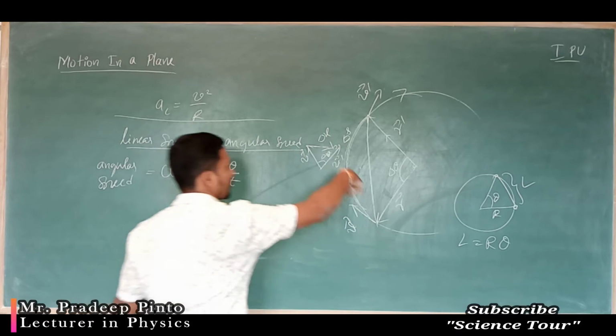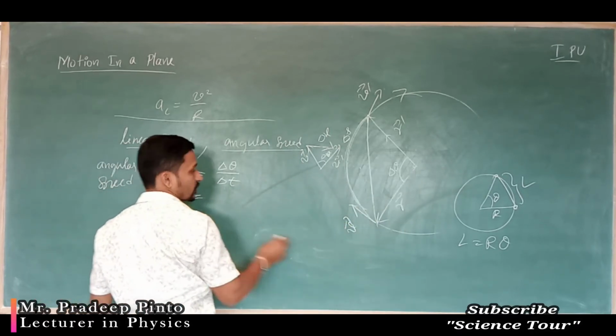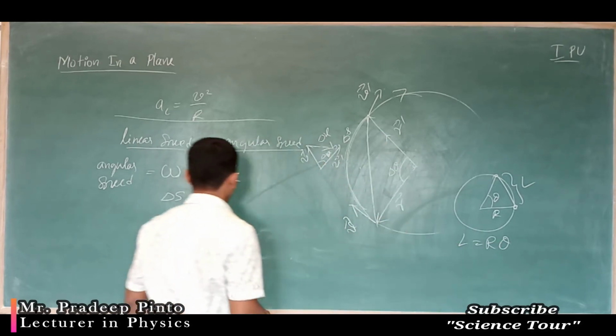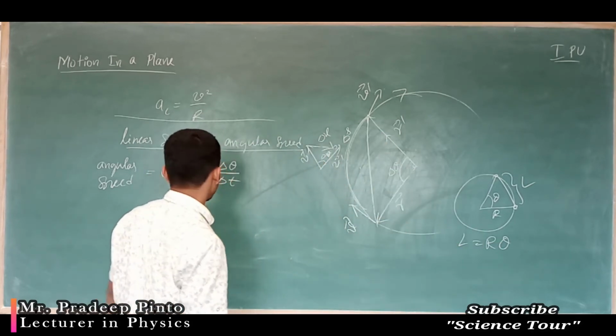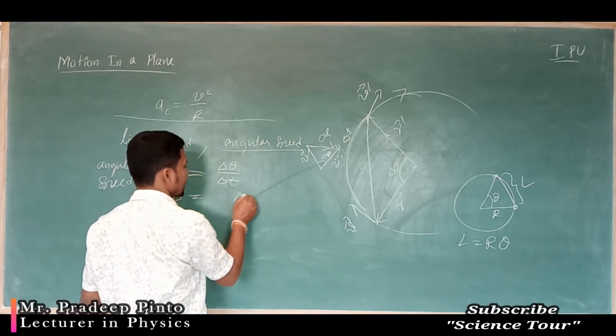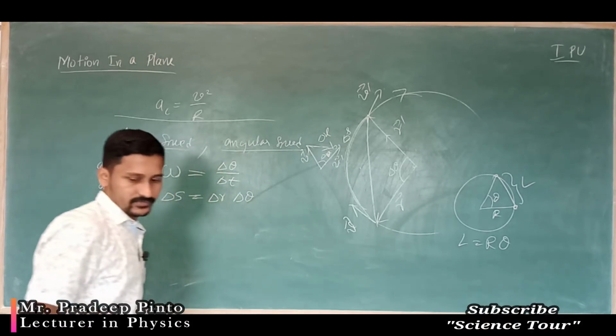At the place of L, delta S is there, equal to R, at the place of R, and theta is changed to delta theta.